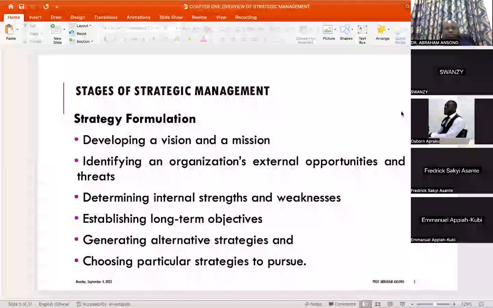So these are the issues that we'll be looking at under strategy formulation. When you're formulating a strategy, you want to be thinking about developing a vision and a mission for the organization. We said in our definition that strategic management looks at a long-term perspective.